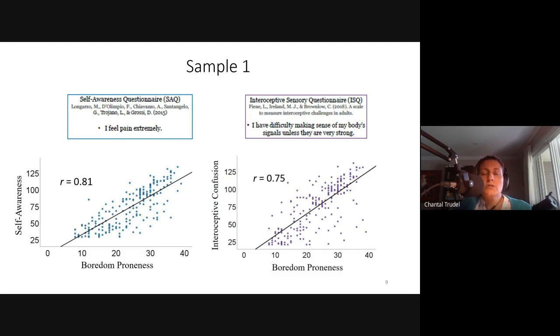Taking a closer look at these findings, the Self-Awareness Questionnaire is on the left, and this one contained questions such as: I feel pain extremely, I have an extra strong heartbeat, I feel full and bloated after eating.